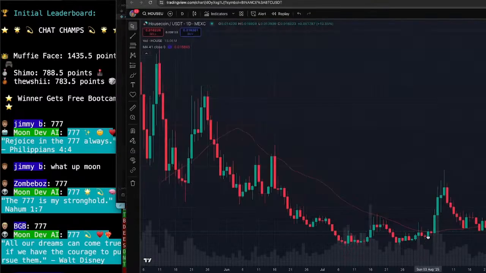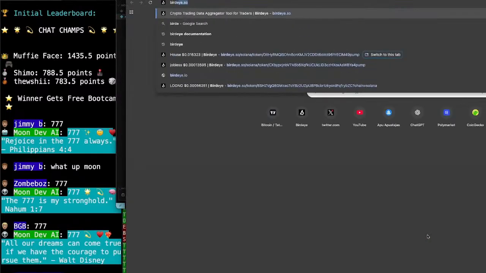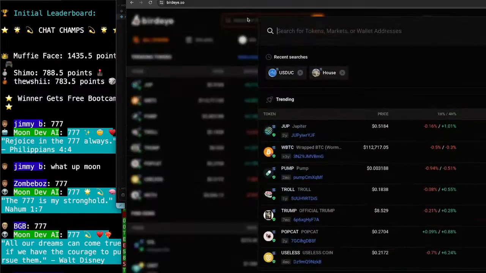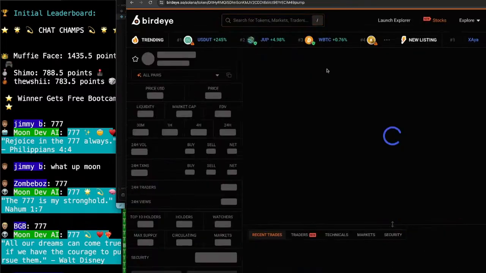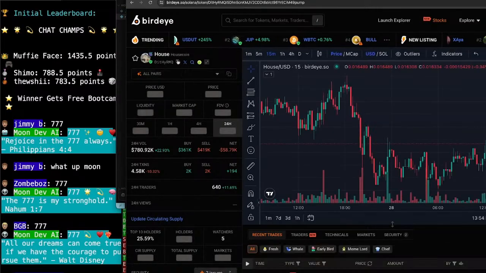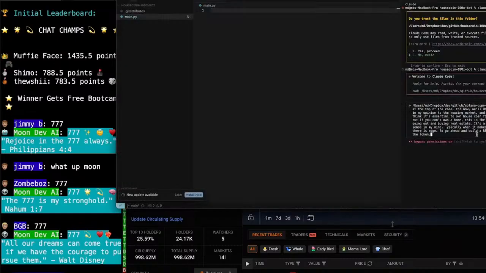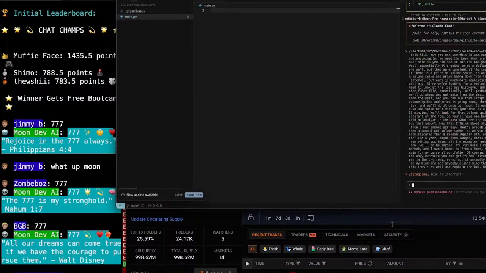I will check that. What is that? Is that a token or a... So this is the token address here. And I'm just going to accumulate all of it, honestly. I'm going to just buy all of it over time.